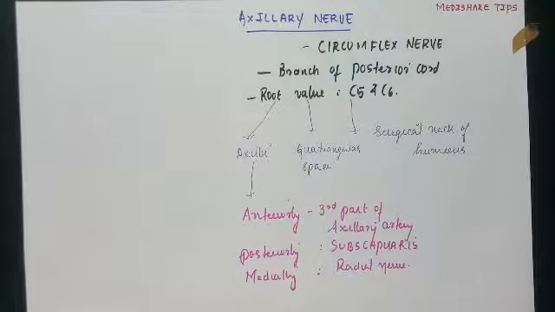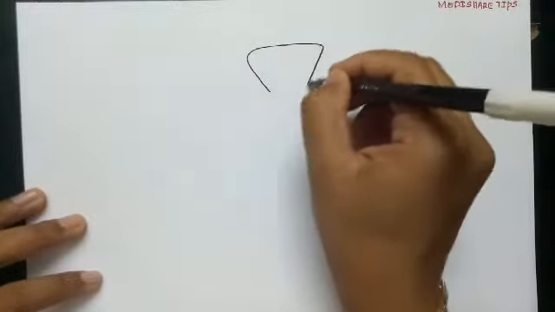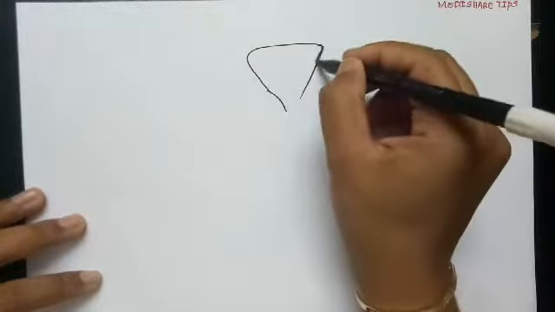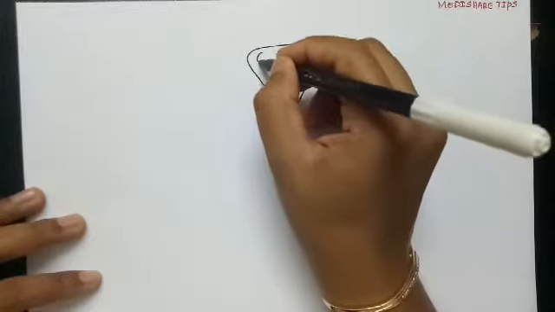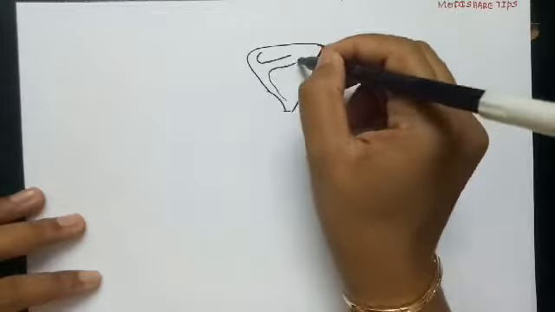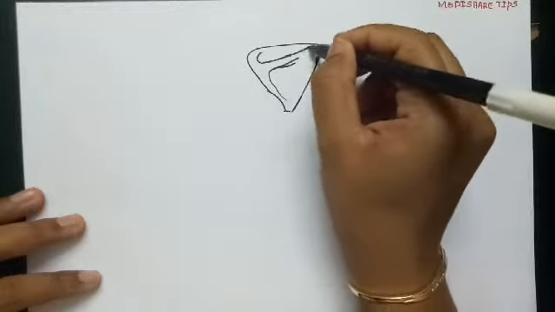From the axilla, it passes through the lower border of the subscapularis muscle into a space known as the quadrangular space. Now let's see what is the quadrangular space. So this is the scapula. This is the spine of the scapula.